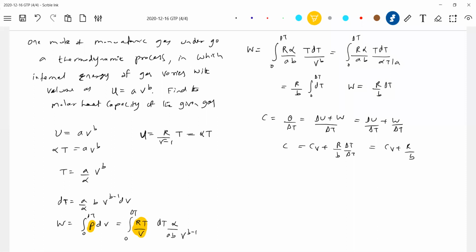The replacements we are doing. Internal energy as a function of volume, or anything. So these are the types of questions you can expect, and the student must be in a better position to analyze all these things.